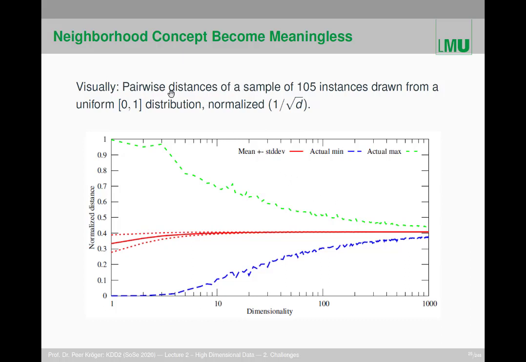So here is a visualization of this theorem. We look at the pairwise distances of a sample of 10^5 instances drawn from a uniform distribution, normalized. Here you see on the x-axis the dimensionality grows, and here is the distance. The normalized distance does not grow too much, so it remains stable, because we normalize it by 1 divided by this factor.